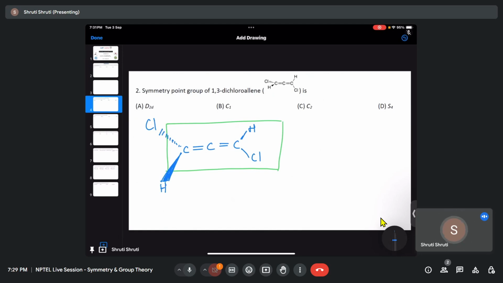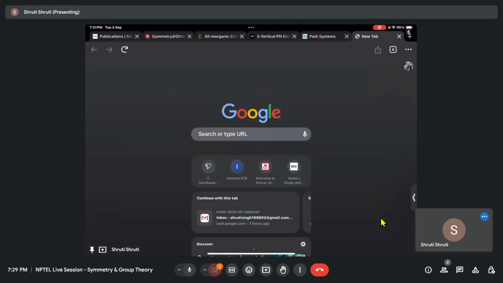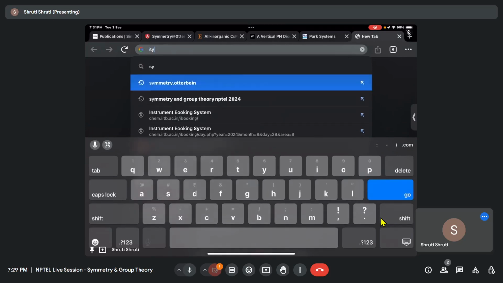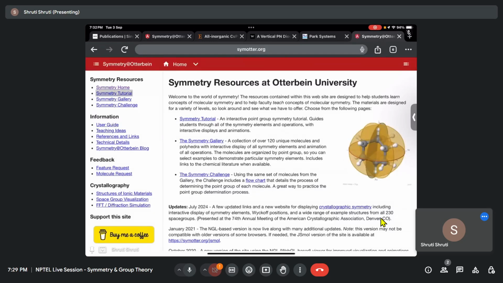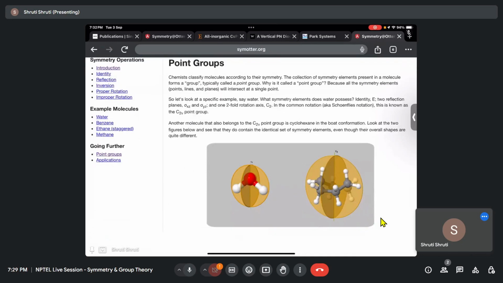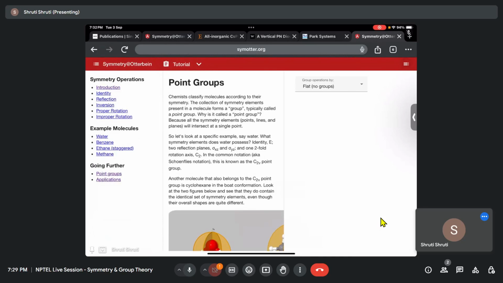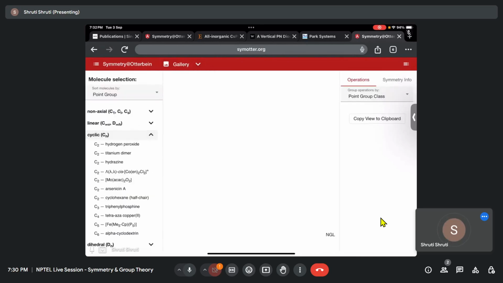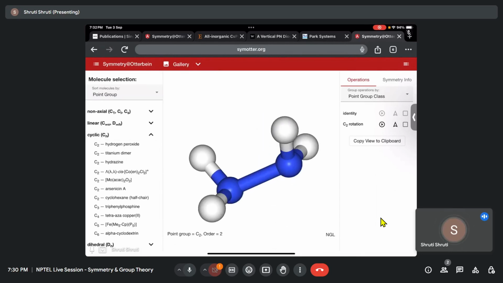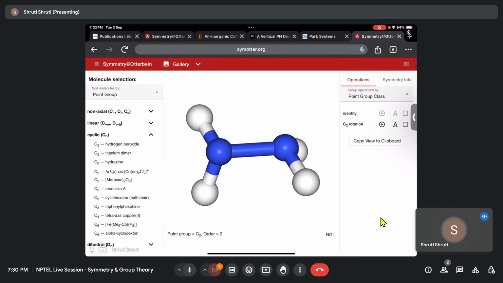So it is this kind of system. Two bonds are in one plane and these two on the other side are in another plane.